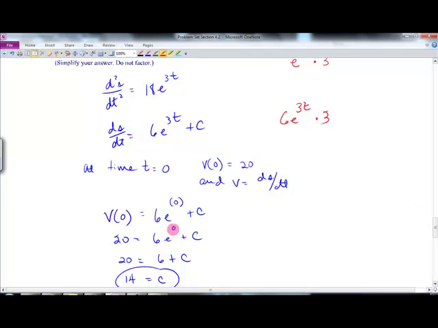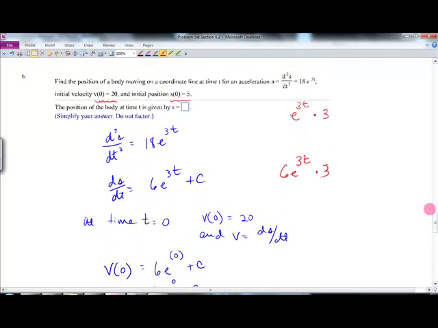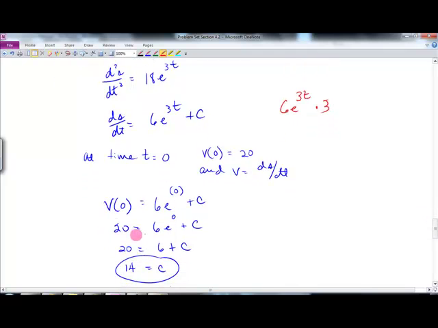E to the 0 is 1. So 20, which I plugged in from right here, v of 0 is 20. So 20 equals 6 plus c. That must mean that c is 14. That's the constant that will end up going there.